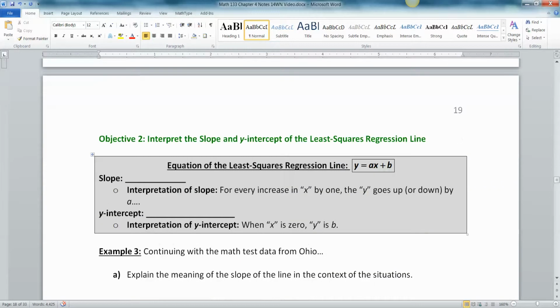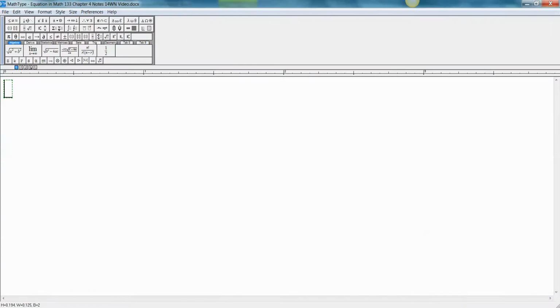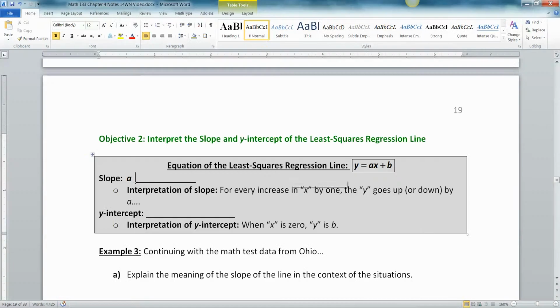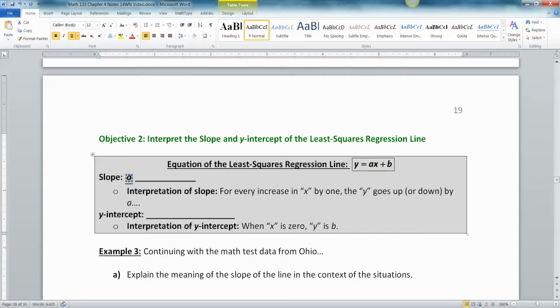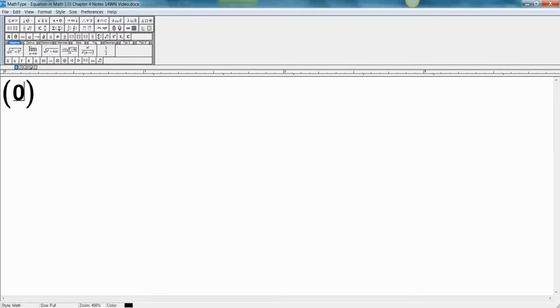All right, so now what about the slope and the y-intercept? So when you look at the equation y equals ax plus b, a is your slope, okay? So in algebra class, they teach it to you as m. In this class, we'll treat it as a. And then the y-intercept is 0, comma b.